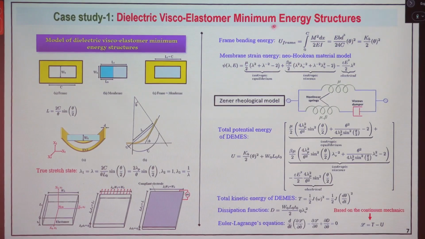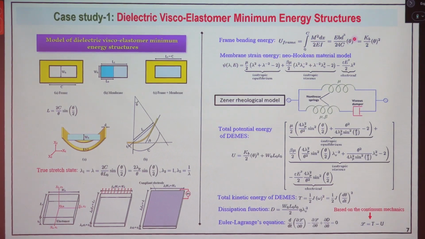Then what we have seen is that because of the pre-stretching of the membrane, the frame will get bent. So the frame bending energy has a very, very simple expression, ∫M² dx / 2EI. All of you are basically familiar with that expression. So we have rearranged it by putting the expression of I here. So we will get EBD³/24C. C is basically this curved length. It can be written as half kb θ².